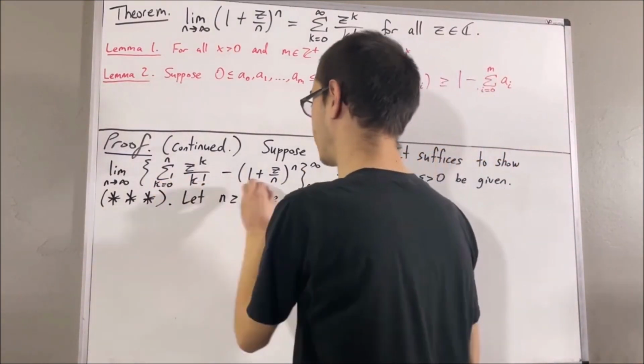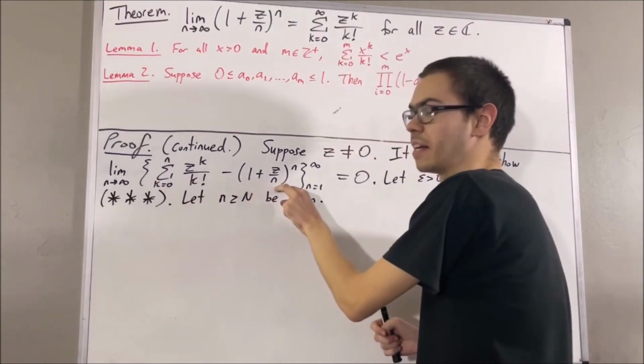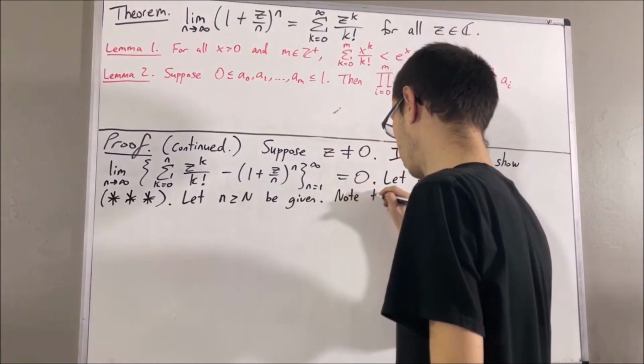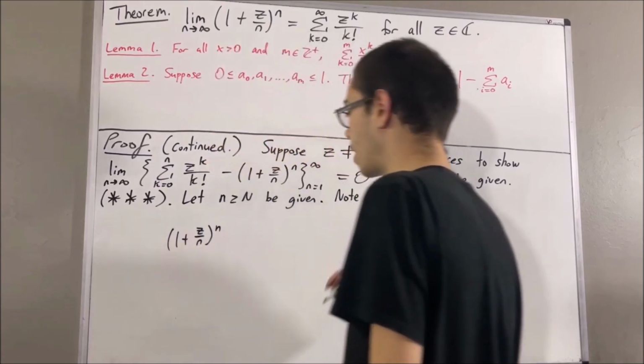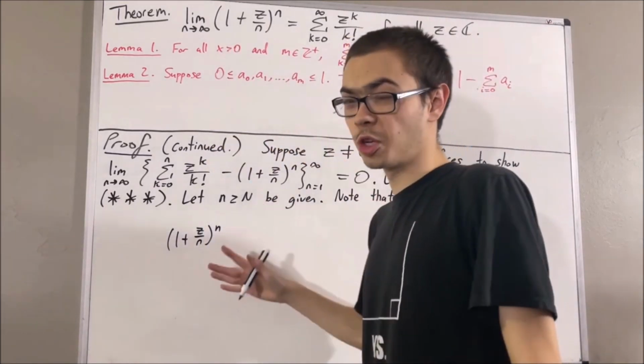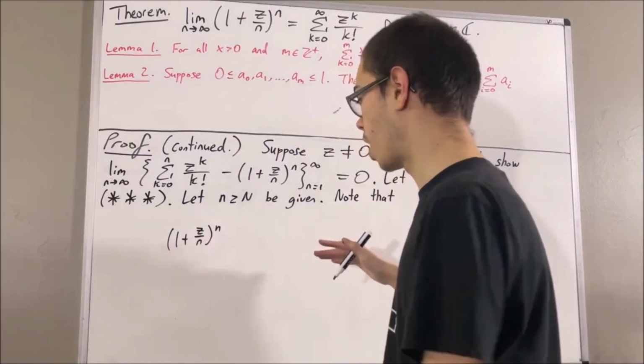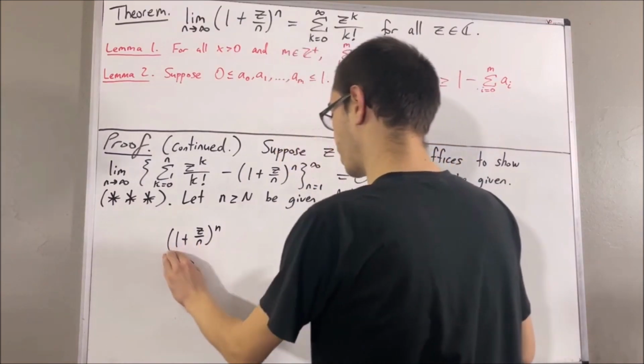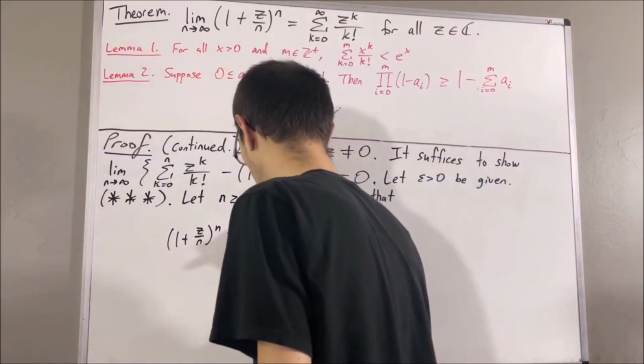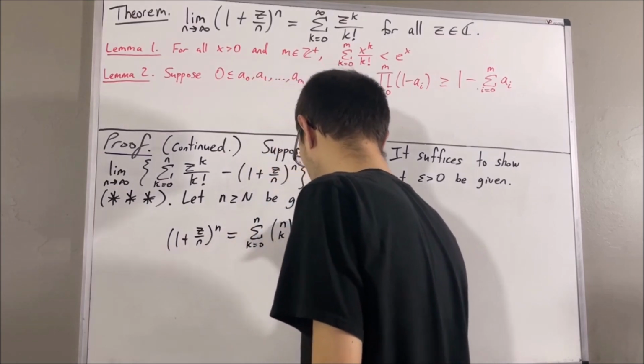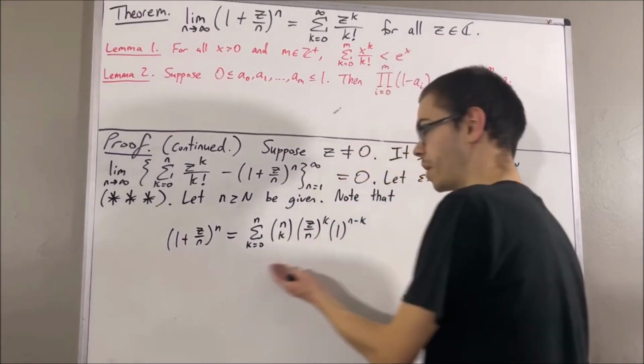Before we actually get into that, let's re-express this guy in a different way. Now, the binomial theorem works for complex numbers. So applying the binomial theorem, we know that this guy is equal to this.